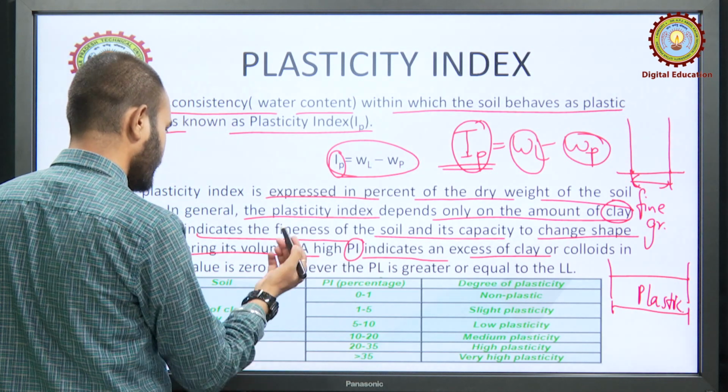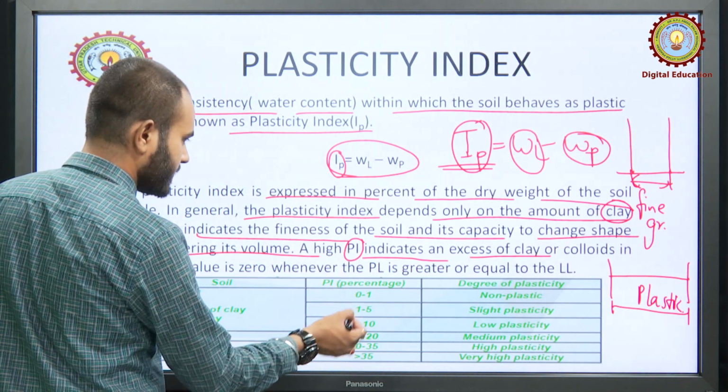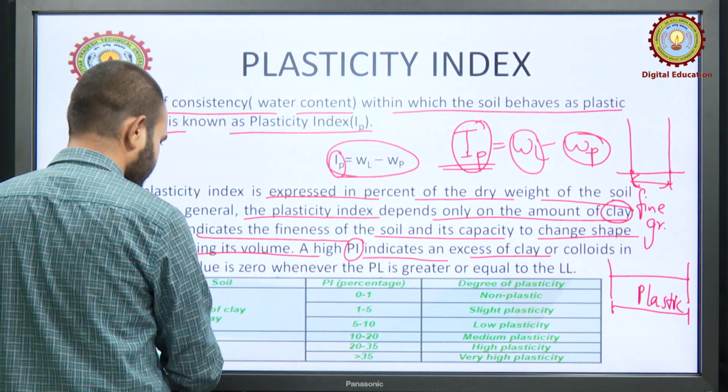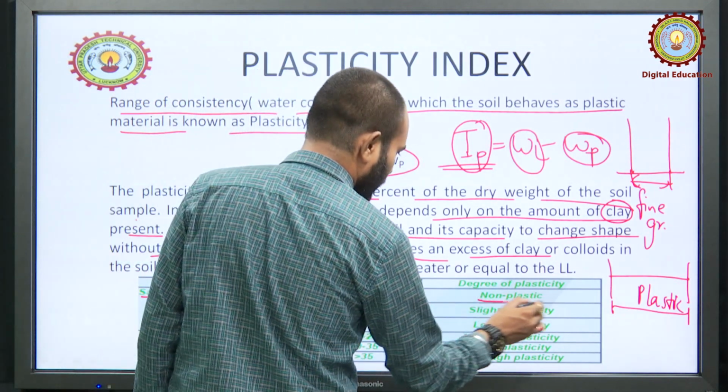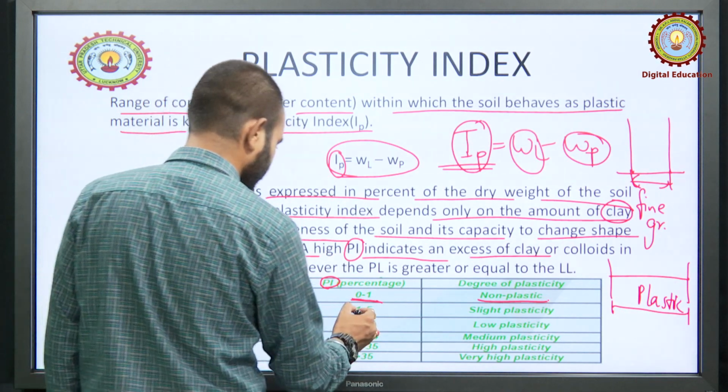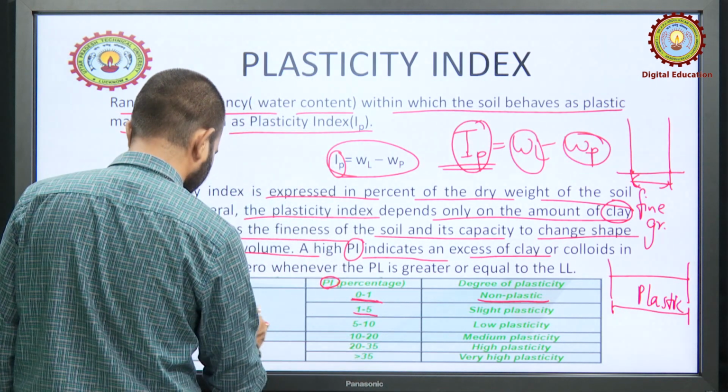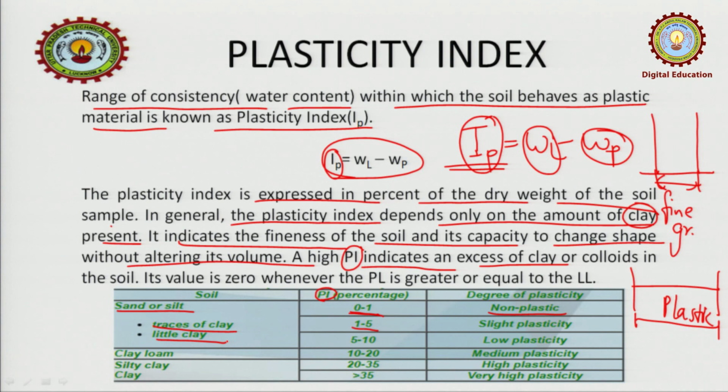Now, there are some values you can see. From this also you can understand. This is for sand and silt. You can see the plasticity index, how low it is, 0 to 1. So it is called non-plastic. If it is higher than 1, if there are some traces of clay or a little clay, accordingly it increases. So it will be slight plastic or low plastic.